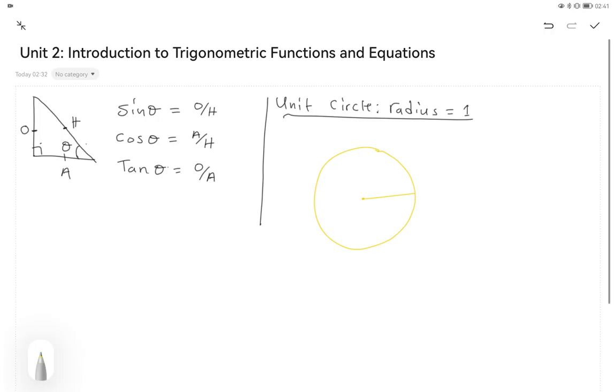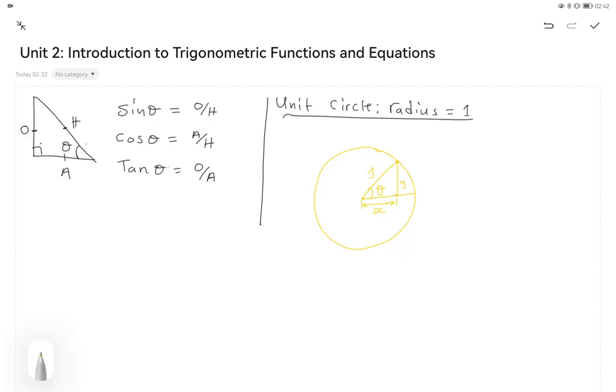Have this line to the side, then have another line to the side. This angle is called theta. Then we're going to cut it like that. Alright, so let this distance from here to here be x. And the distance from this point to this point, let's just call it y. And this one is 1, the radius of the circle.